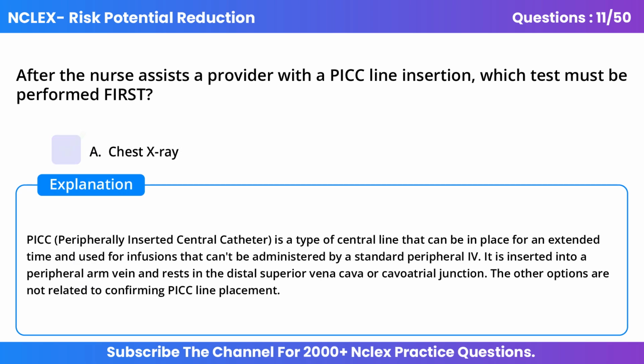PICC, peripherally inserted central catheter, is a type of central line that can be in place for an extended time and used for infusions that can't be administered by a standard peripheral IV. It is inserted into a peripheral arm vein and rests in the distal superior vena cava or cavo-atrial junction. The other options are not related to confirming PICC line placement.